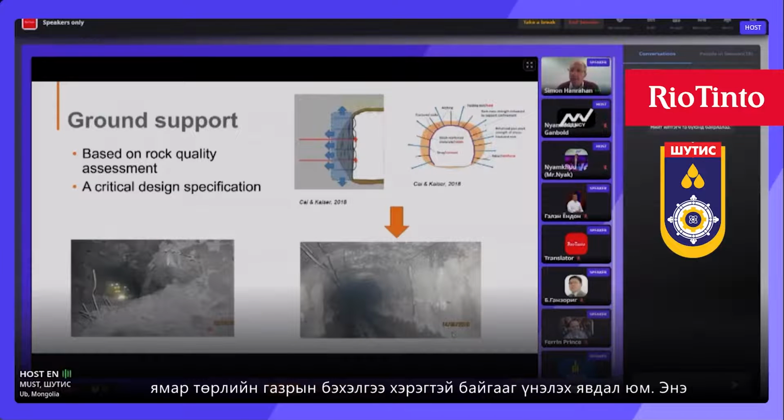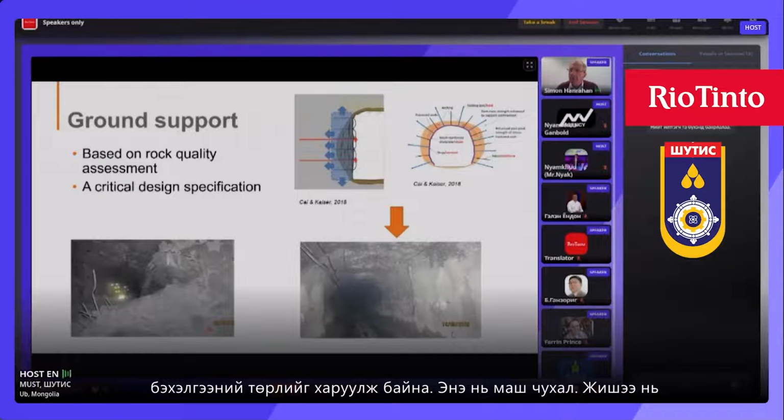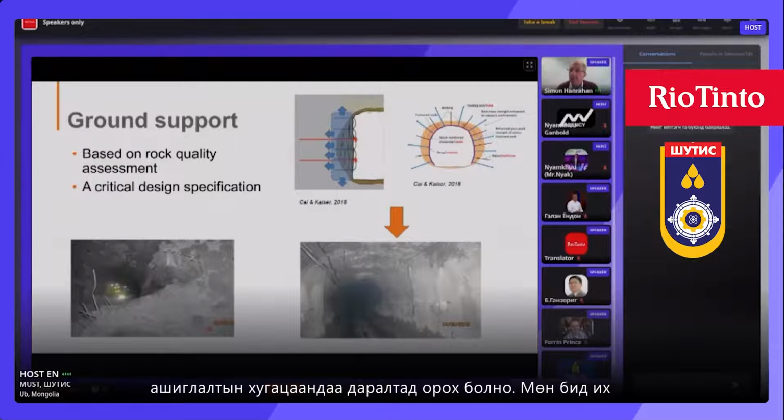We really need to understand that well across all of those sorts of rock mass quality aspects. The top two figures really illustrate the type of support that we have to put in, and that's very important in terms of an example like Oyu Tolgoi, because it's a deeper mine and it's going to be subject to stresses over its mine life, and it's a large volume that we're extracting. So we need to be very diligent about the level of ground support that we design and install, and then monitor over the life of the cave.